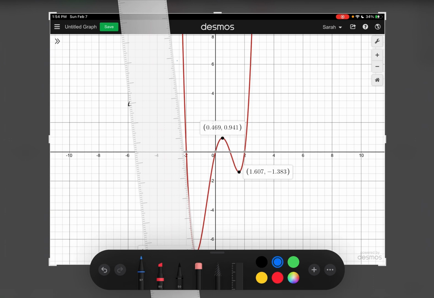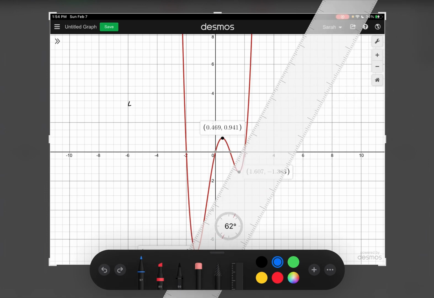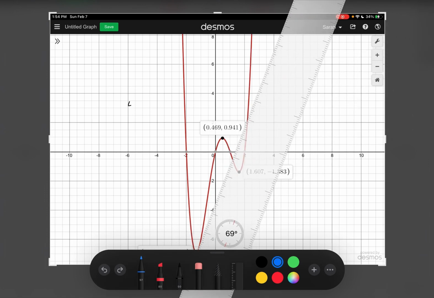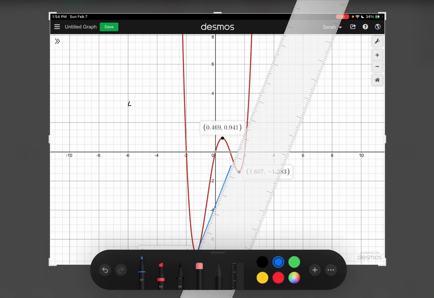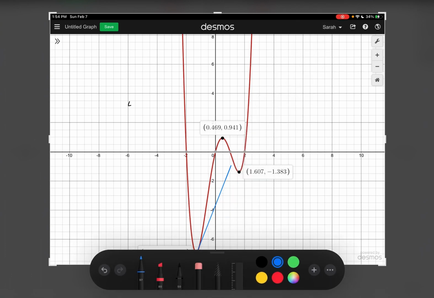The slope of that line is negative because we have a decreasing graph. And then after our first turning point, another tangent line would have a positive slope. That's another way that you could think of it.